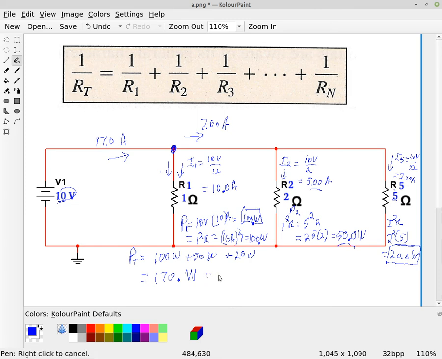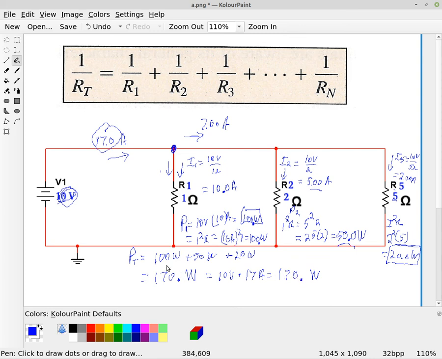Or we can say it's the total current times the total voltage, which would be 10 volts times 17 amperes, which is again 170 period watts.